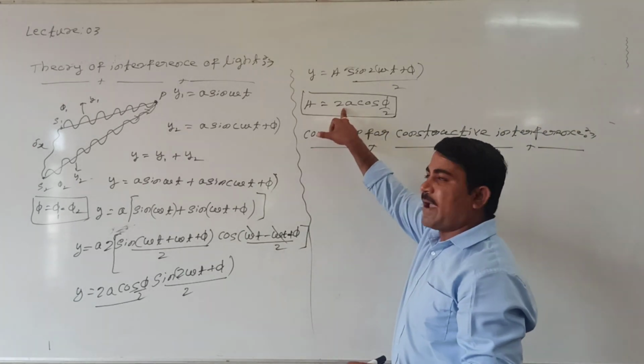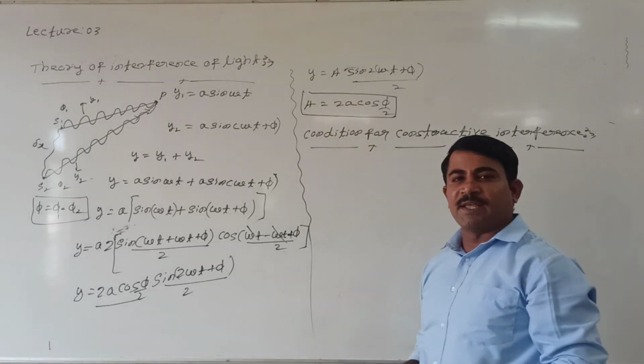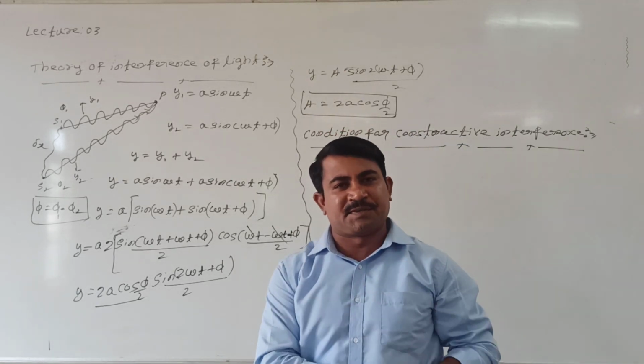This A value must be maximum. If A is maximum, then brightness is possible and maximum intensity of the wave is possible.